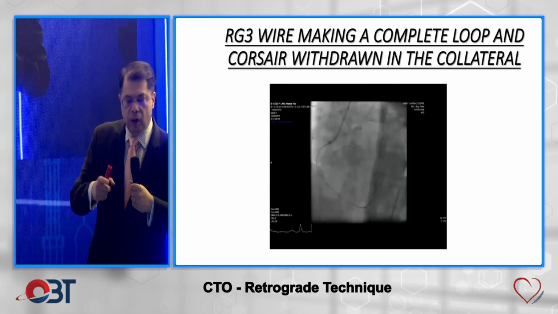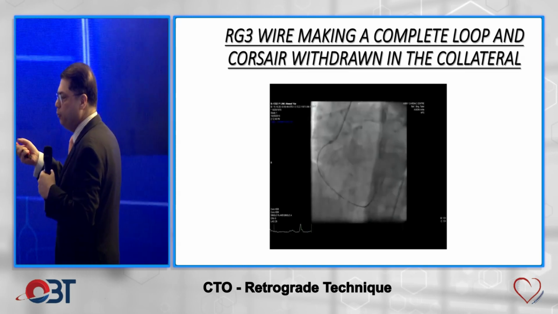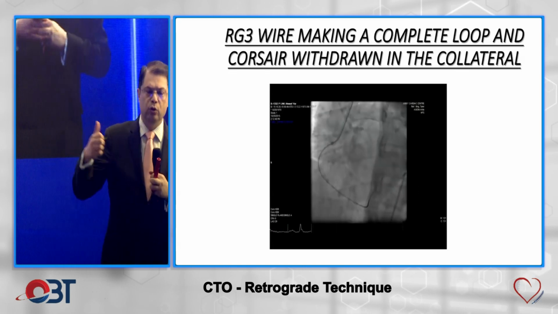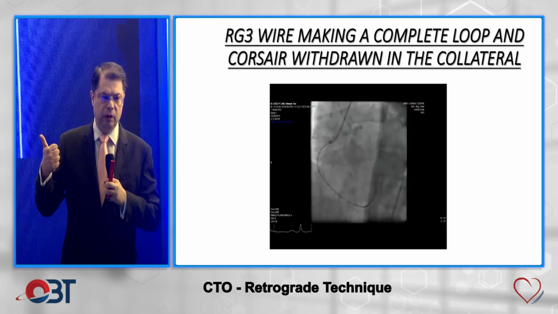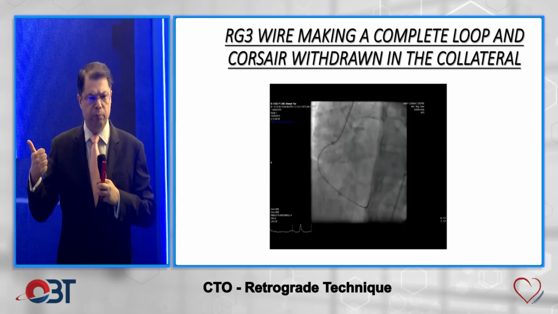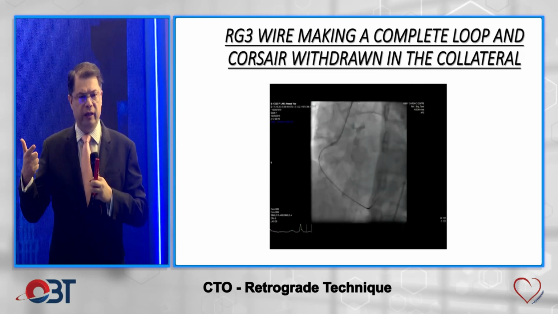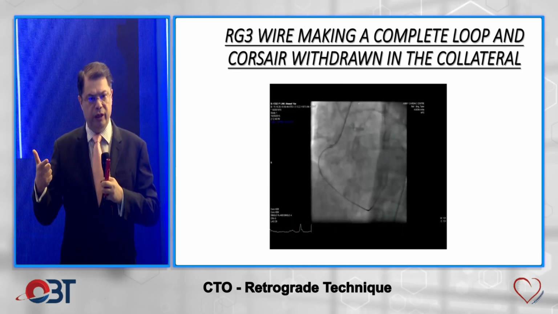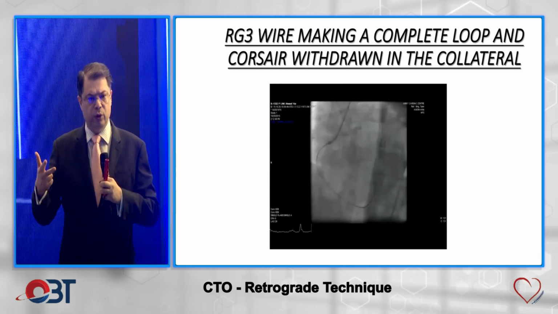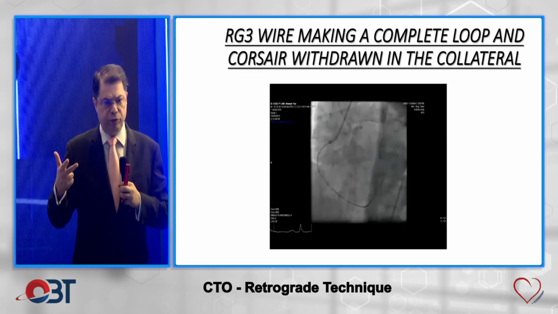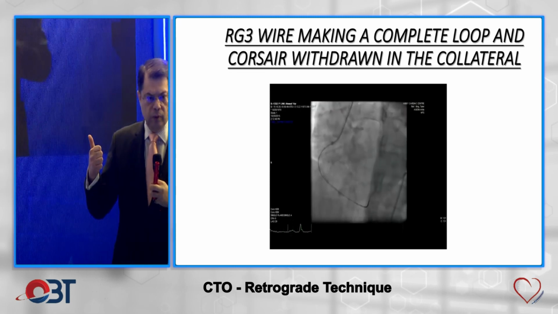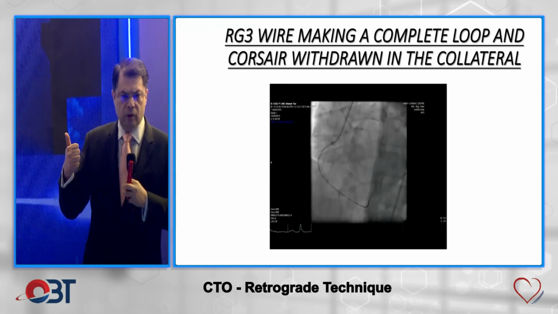When will retrograde be the first choice? If you remember our first slide, you ought to have an ambiguous proximal cap, number 1. Your proximal cap is ambiguous. Your CTO length is more than 20. You don't have a good distal landing zone. So these 3 things have to be there. What about ostial CTO? When your CTO is ostial?